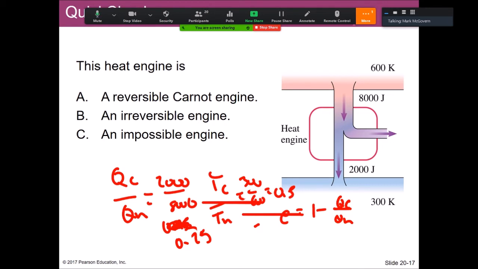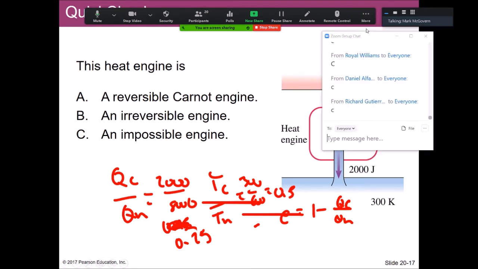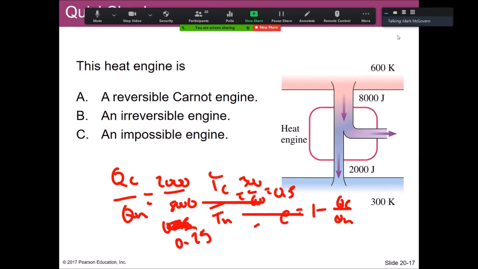And the efficiency based on the temperatures would be 0.5. So this is not possible because we're not expelling as much energy as the laws of thermodynamics require, right? So this doesn't work. The bottom number here, the 2,000, should be 4,000, and then the answer would be A.